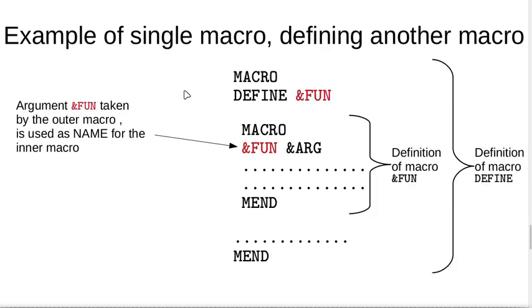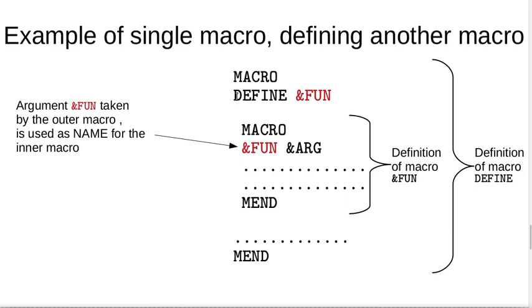Fine. So again, this part is the definition of the macro ampersand fun. We are writing ampersand fun because we really don't know what actual value it will represent, because this is an inner macro definition, and the value will be provided during the macro call of the outer macro.